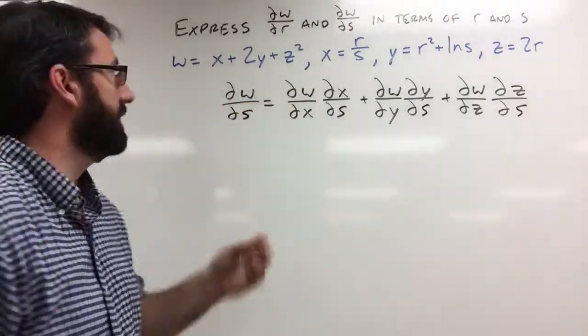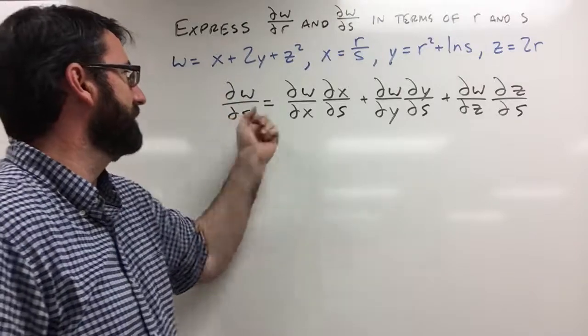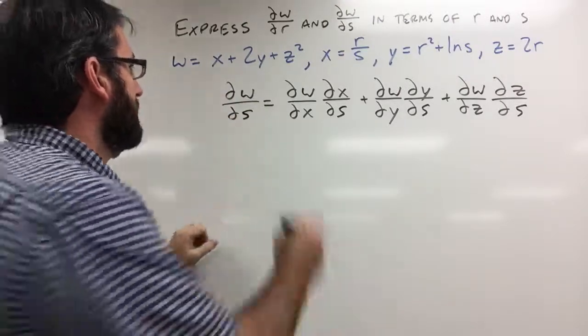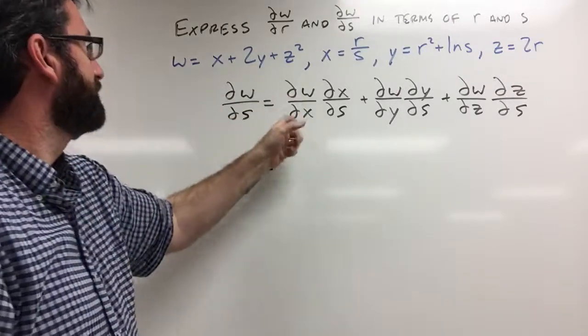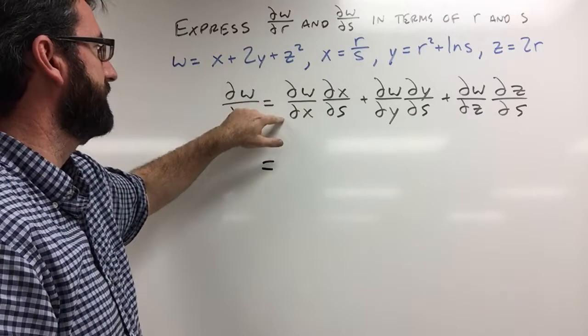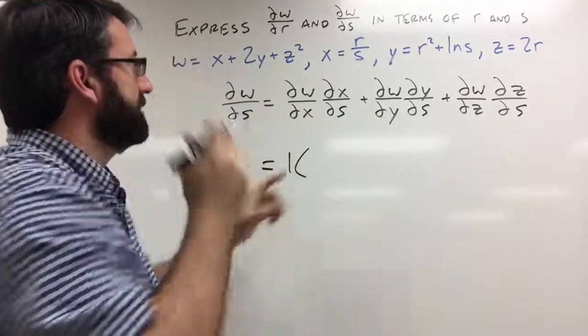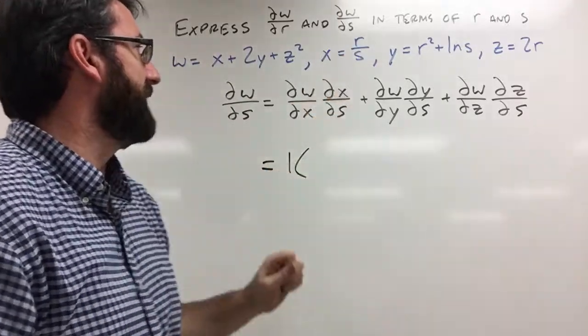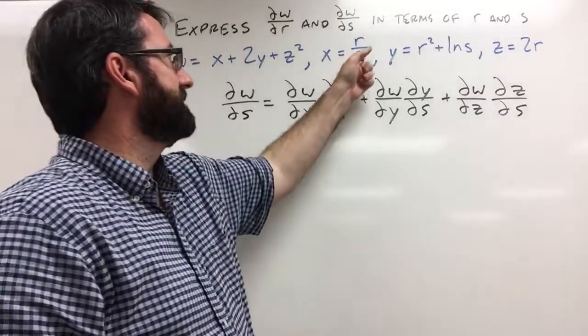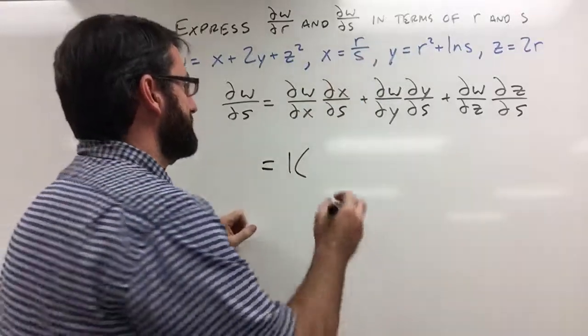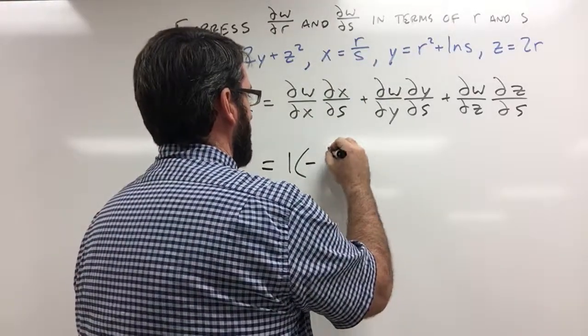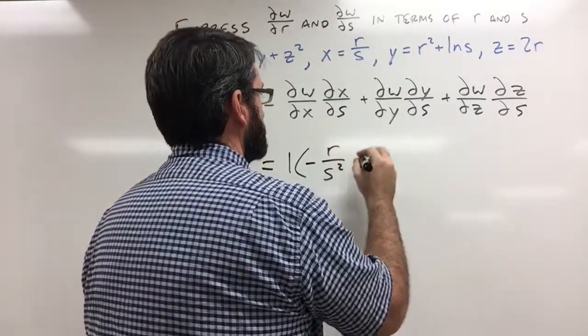So the partial derivative of w with respect to s is going to be equal to the partial derivative with respect to x is going to be 1 again. The partial derivative of x with respect to s, this is r times s to the negative 1, so this is going to be negative r over s squared.